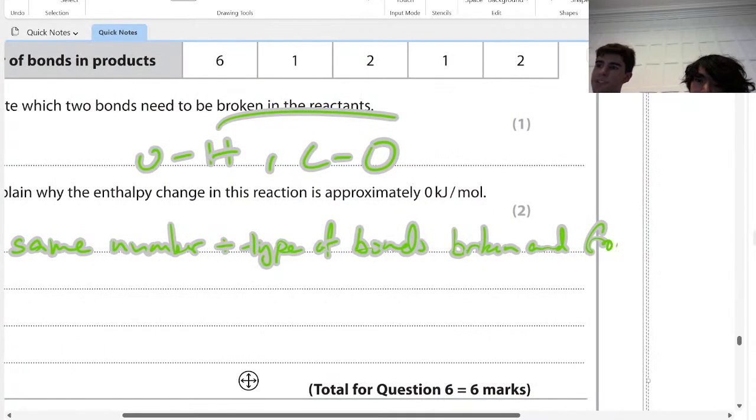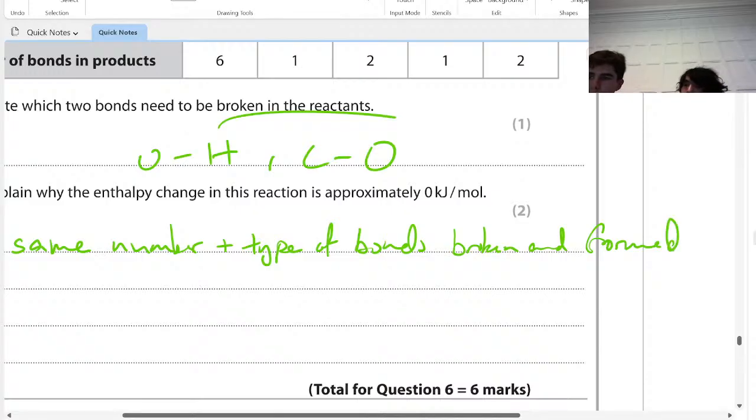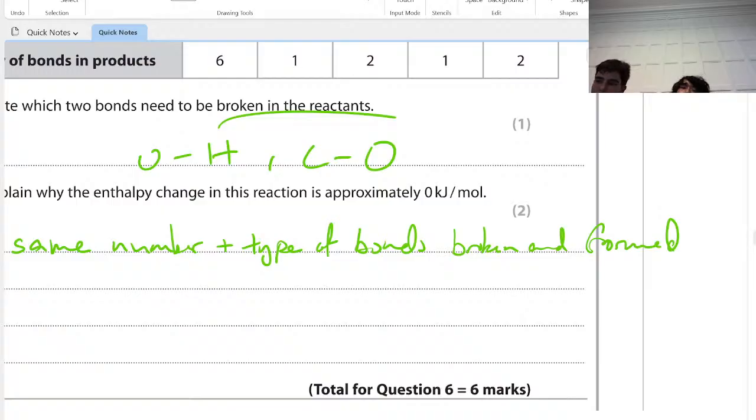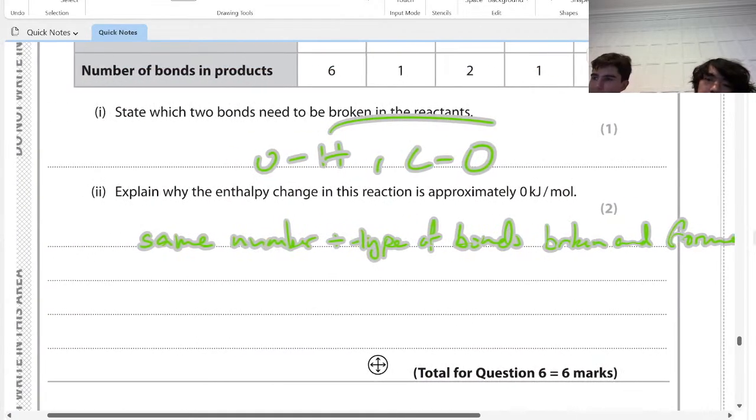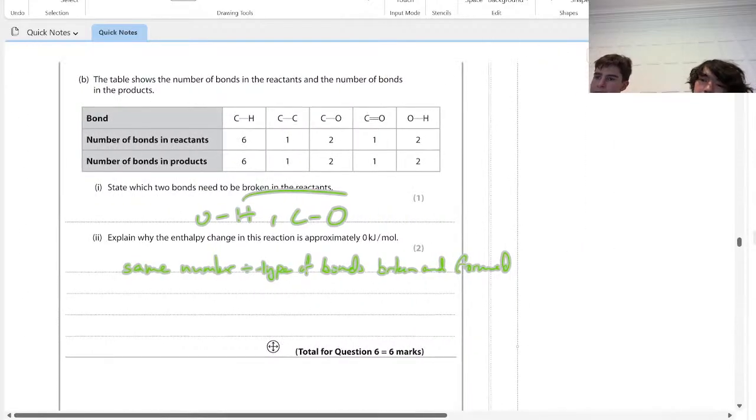Okay. So the number of each type of bond which is broken is the same as the number of each type of bond made. Then you say breaking a bond requires the same amount of energy as is released when the same type of bond is made.